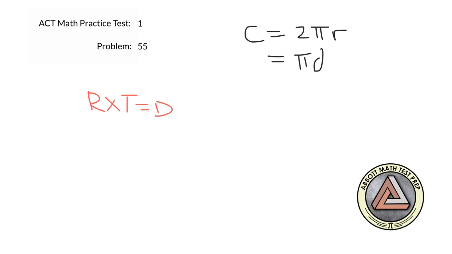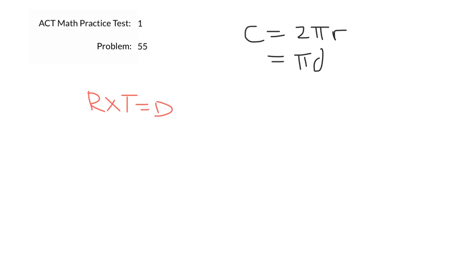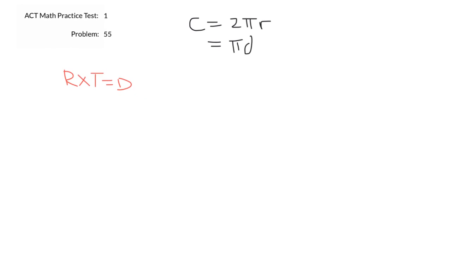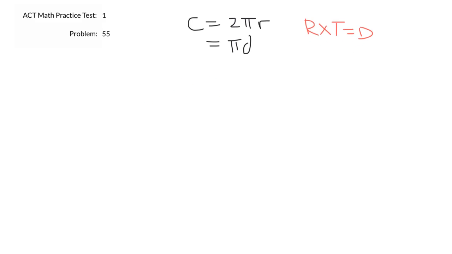Another thing worth noting is the following phenomenon that, as far as I could tell, does not get discussed that much in geometry class. We're going to put this here for reference. If you have a wheel and you have a certain circumference, let's say the circumference of the wheel is 10 inches.